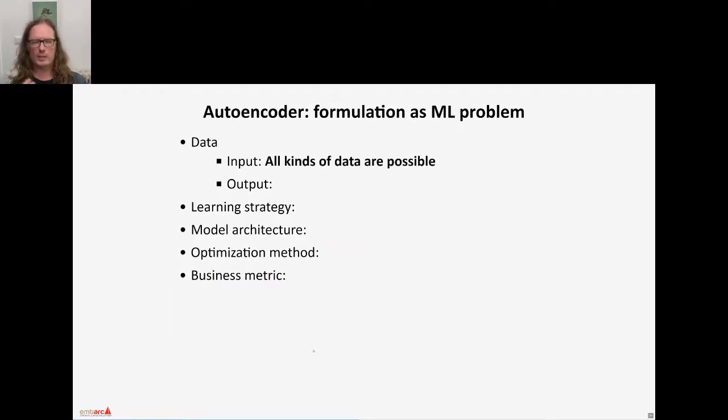We are formulating, or making up, a machine learning setting, so to say. In machine learning, you provide some data, and the input data for this sort of thing, the autoencoder, can be all kinds of data. An image, for example. And the special thing about this autoencoder is that it spits out the same thing that you feed in.